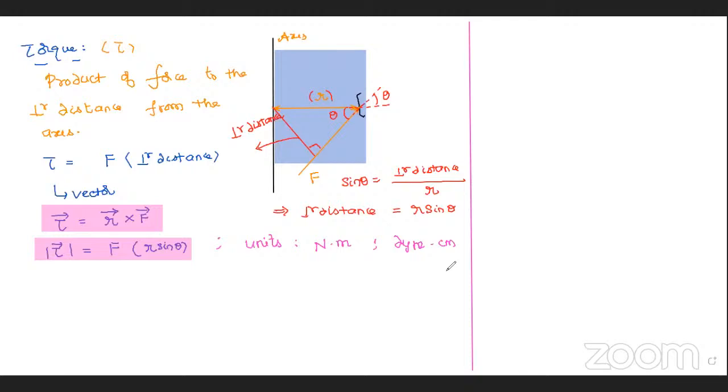Dot product values we measure in joules. Cross product values, same thing, we are measuring in Newton meter. Now got the clarity, Lakshmi Gayatri? Yes, just to distinguish whether it is coming from cross product or dot product, we are simply leaving it like Newton into meter, even though it is equal to joule.